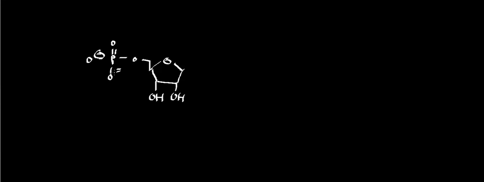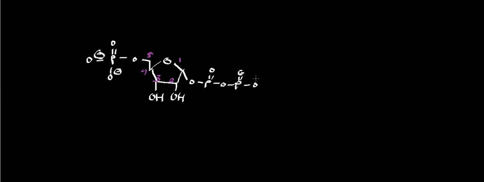If you look at this, this carbon is number 1, this is 2, this is 3, this is 4, and this is 5. So this is a ribose 5-phosphate, but when you use a phosphoribosyl transferase, it starts off with basically this pyrophosphate linkage over here on the 1 position.